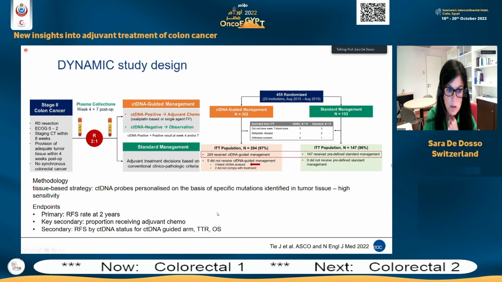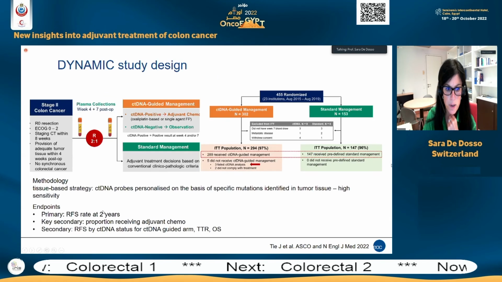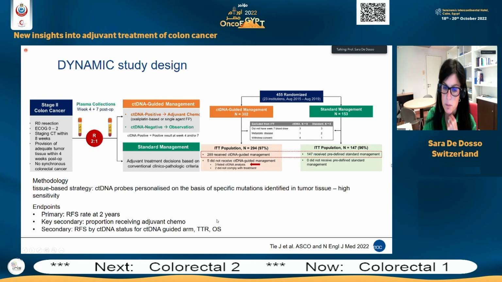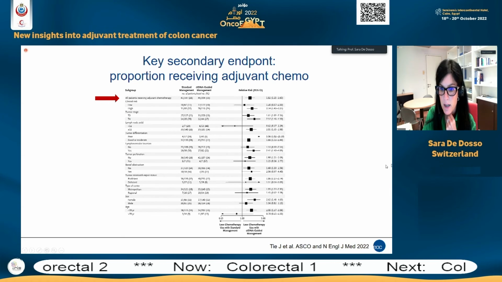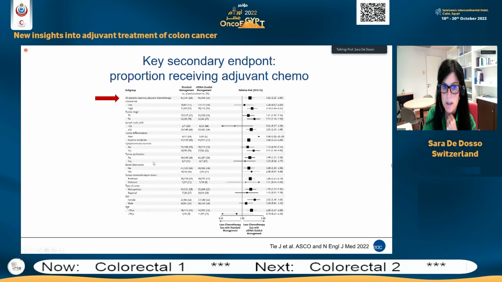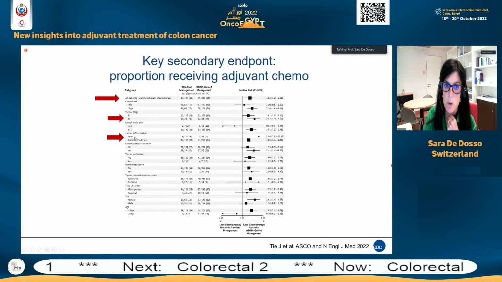The primary endpoint was the relapse-free survival rate at 2 years, and the key secondary endpoint was the proportion of patients receiving adjuvant chemotherapy. If we look at this key secondary endpoint, it is pretty clear that there is less chemotherapy use with ctDNA-guided management, and this is really clear in T4 tumors and in poorly differentiated tumors.